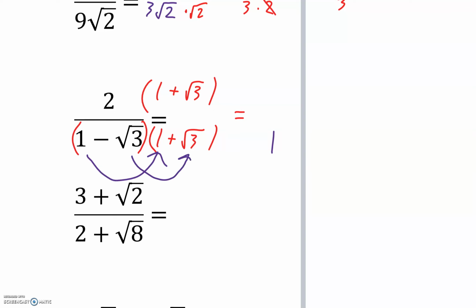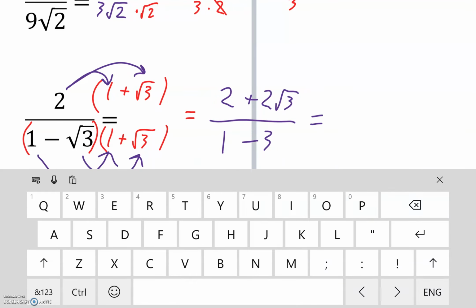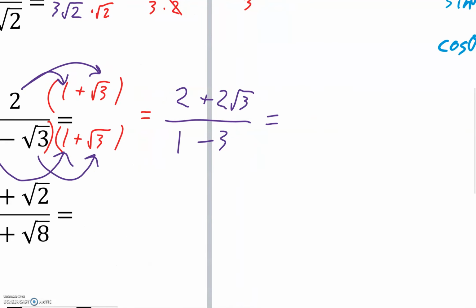Our second term is negative root 3 times root 3, or negative 3, so 1 minus 3. Okay, and the top, we just simply multiply the 2 in, foiling it into place. Okay, so we have a rationalized denominator. However, we can simplify a little bit more.